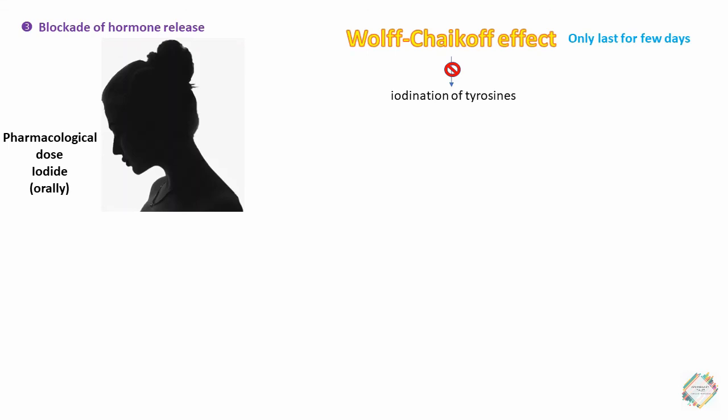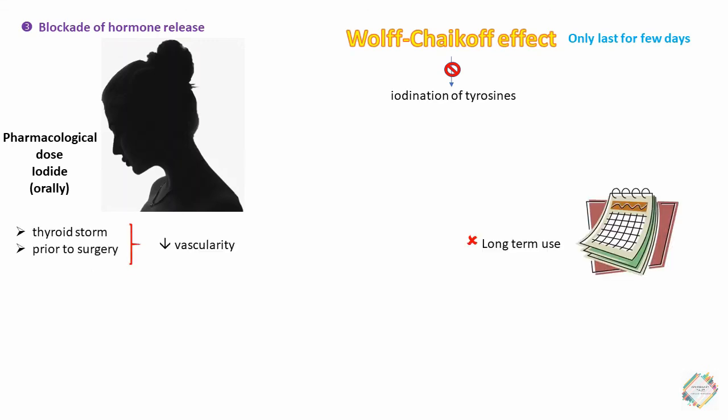So when we give a pharmacological dose of iodide, this will lead to an inhibition of the iodination of tyrosines. Most importantly, the iodide inhibits the release of thyroid hormones from thyroglobulin by mechanisms not yet understood. Iodide is employed to treat thyroid storm or prior to surgery because it decreases the vascularity of the thyroid gland.